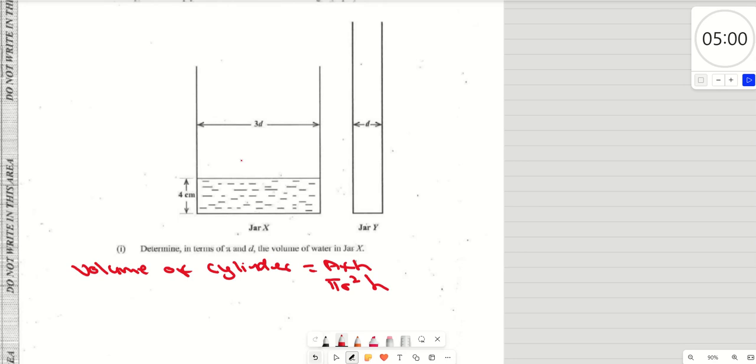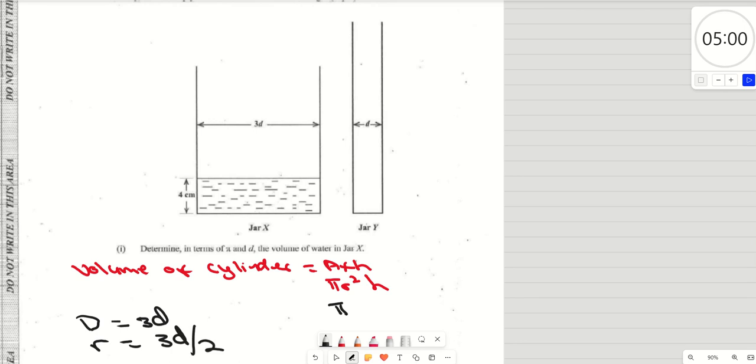If you put 22 over 7, you can leave it as pi. This would be pi r squared. We know that the distance from one side of the circle to the next is 3D. So if your diameter is 3D, then your radius would be 3D over 2.